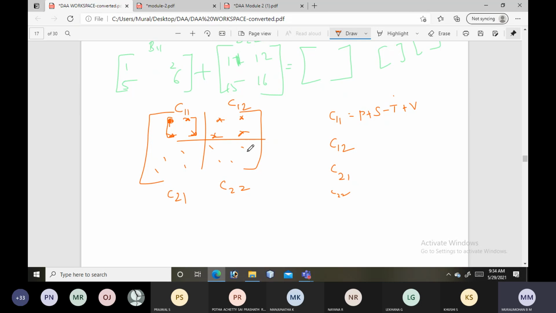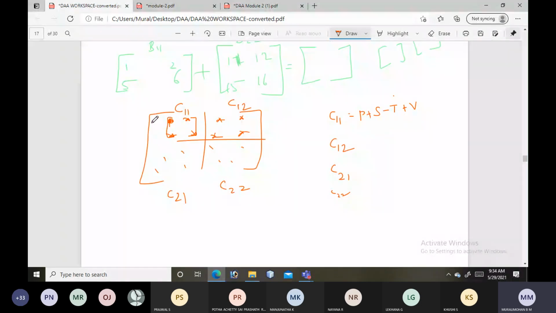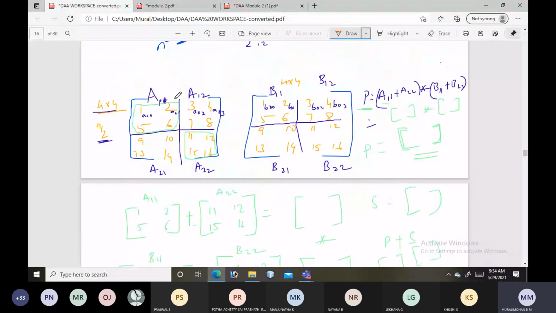Yes, sir. Very simple. Based on this, you take these formulas, P, Q, R, S, T, U, V. Now what should you do when the matrix is large enough? When the matrix is large enough, you divide that matrix. Previously it was 2 cross 2, right?